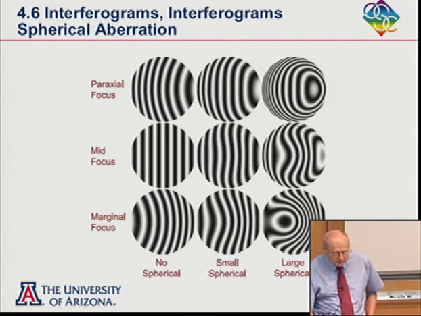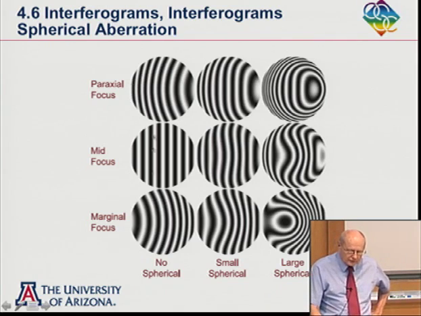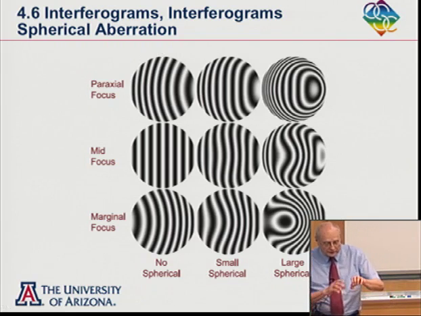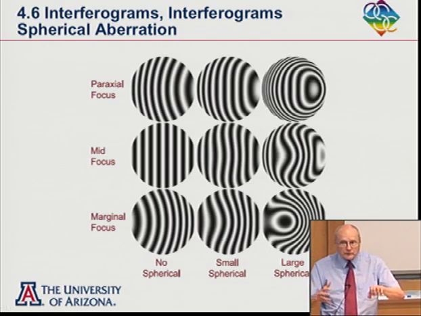So the first column here is no aberration, no spherical. And it simply is some defocus. So this would be like using a Twyman-Green interferometer for testing a spherical mirror, and we're changing the distance between the diverger lens and the spherical mirror.